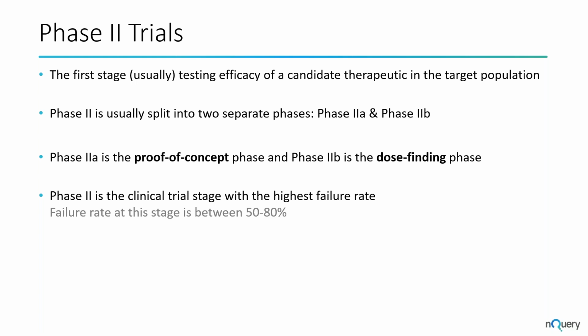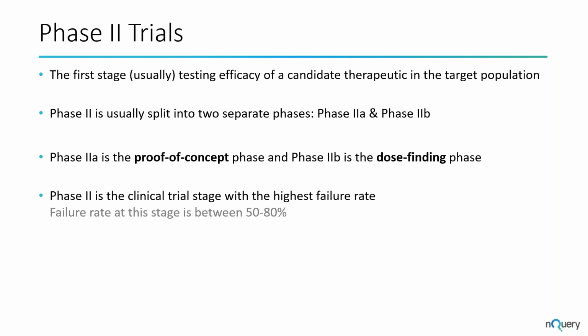One such initiative is Project Optimus from the FDA that is looking to reform dose optimization in oncology drug development. And part of that is looking into efficacy and dose selection as early as possible in the clinical trial process.